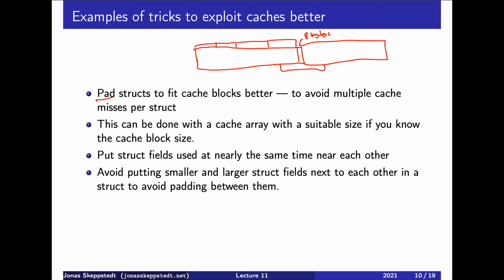And how can we do that? Well, we can end the struct with an array of the required size, or we can insert a short int variable, so we just increase the size by 2 bytes, and then they will fit perfectly into a cache block.